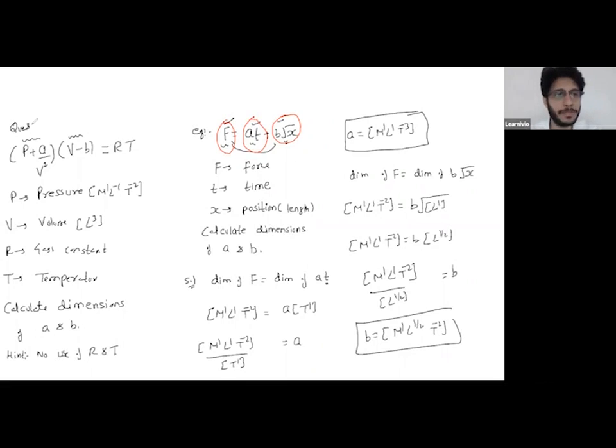V is volume, not velocity. Yes, Fazil, now it's fine. Yes, Mariam, A is correct.